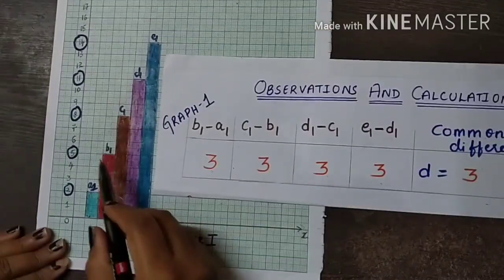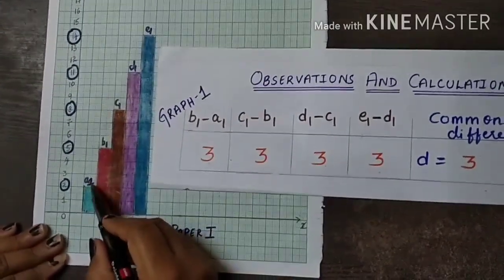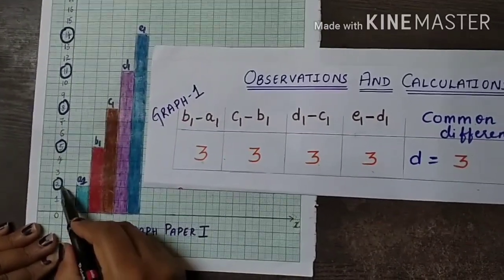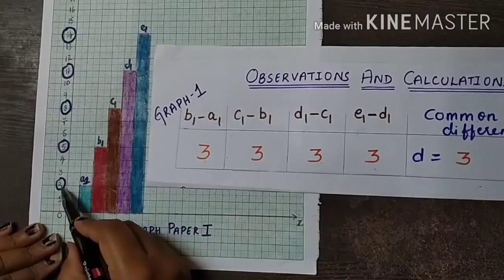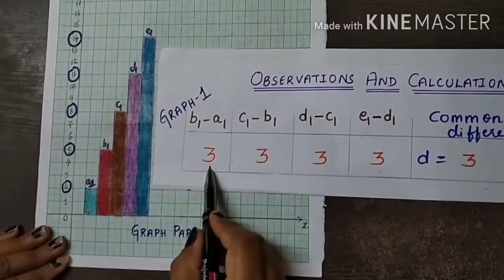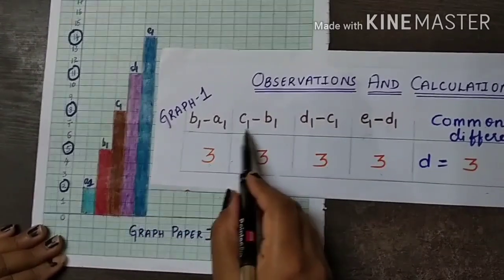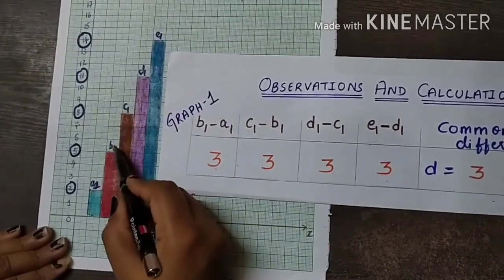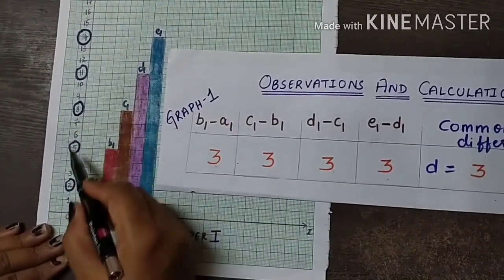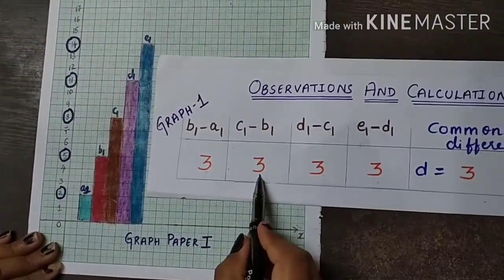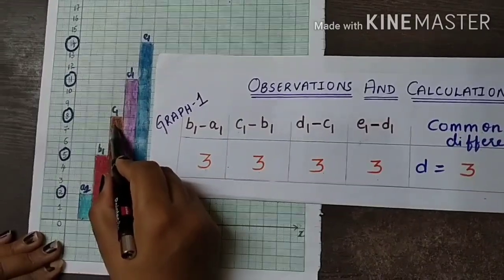I am showing B1 minus A1, the second term minus the first term, 5 minus 2, the difference is 3 units. Then C1 minus B1, the third term minus the second term, 8 minus 5, difference is 3 units.